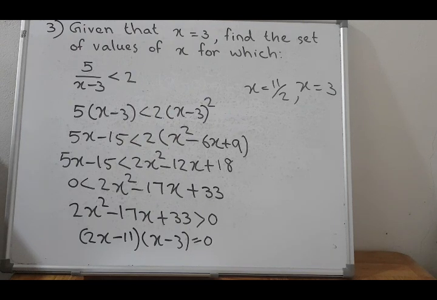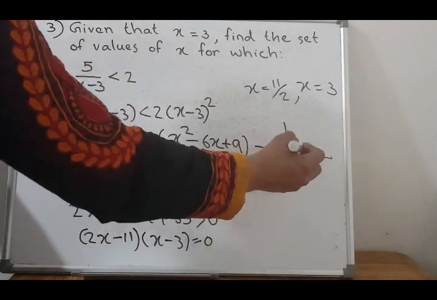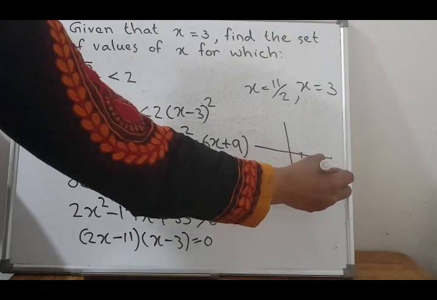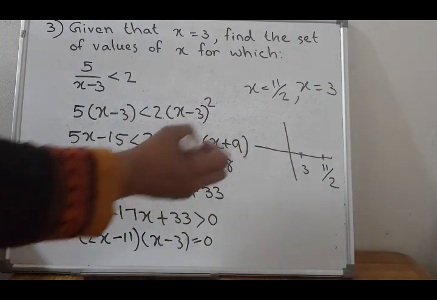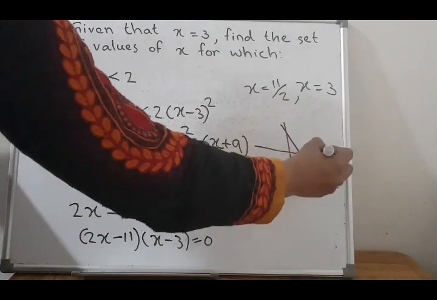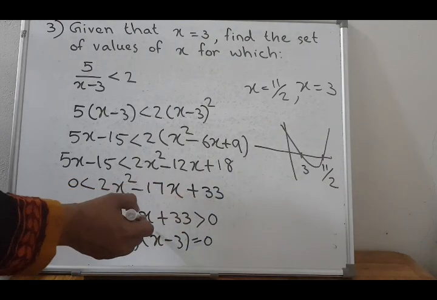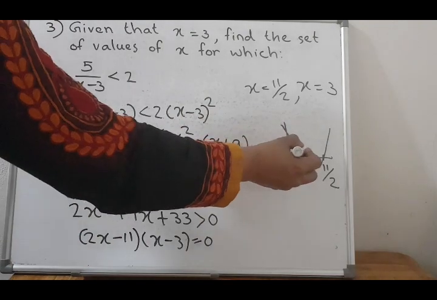Once we get the critical values, what can we do? We can sketch the quadratic. See, the coefficient of x square is positive, so it's a happy parabola. It will be like this. Now you see the inequality: 2x square minus 17x plus 33 is greater than 0. Greater than 0 means which part comes?